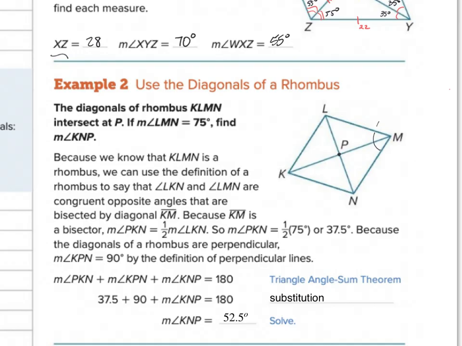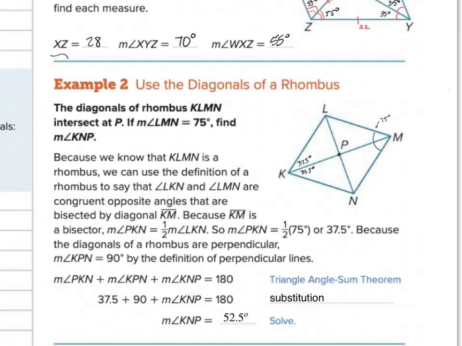Okay, so that is 75 degrees, which would tell me that this should be 37.5 degrees, because that would be half of 75. Okay, so let's see.